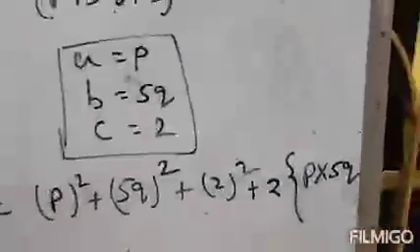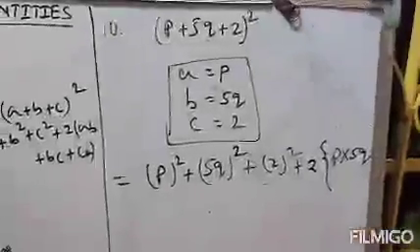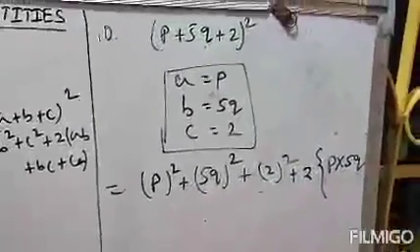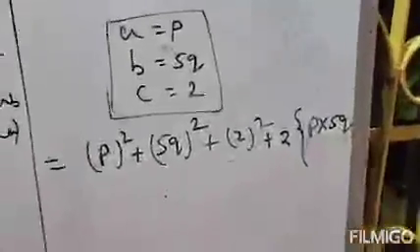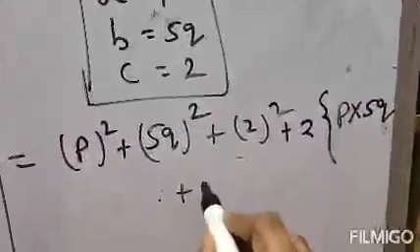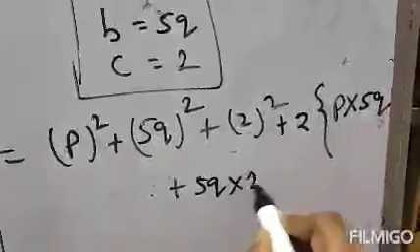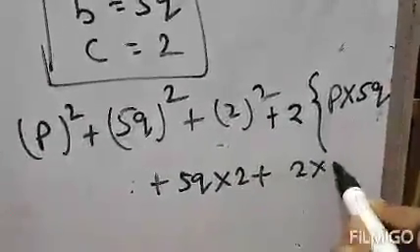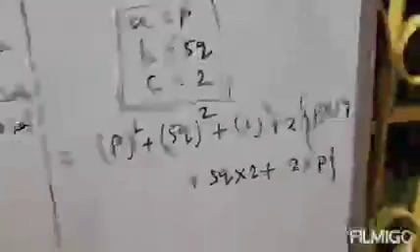It's 5q. Clear? So 2ab. The formula is 2ab. That means a is p and b is 5q. That means p into 5q, plus bc. b is your 5q and c is your 2, plus ca. c is your 2 and a is your p. So we will put this according to this formula.